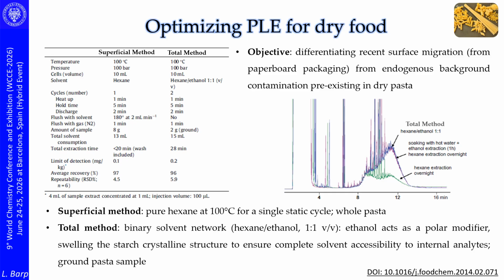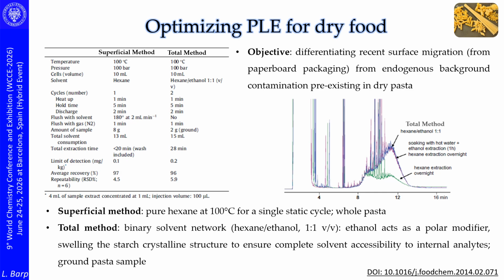In this way, the organic solvent rinses only the outer layer where migrated MOAH accumulate, leaving the compact internal core completely undisturbed and providing a rapid total extraction time of less than 20 minutes, with an average recovery of 97%.